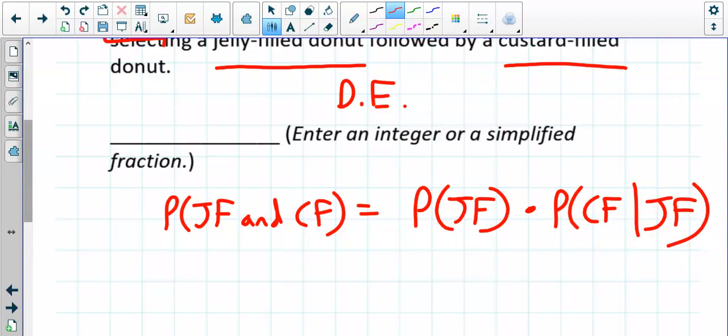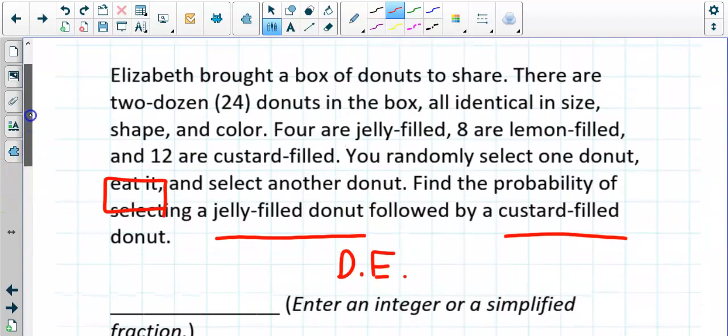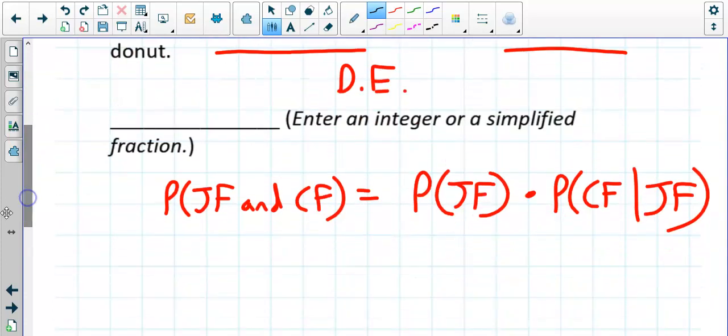Okay? So first things first. Here's our total, the 24, and there are 4 jelly filled. So that's our first probability, 4 out of 24. That's the probability of me selecting a jelly filled and eating it.